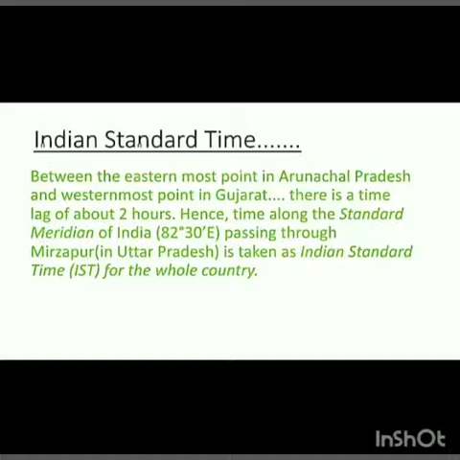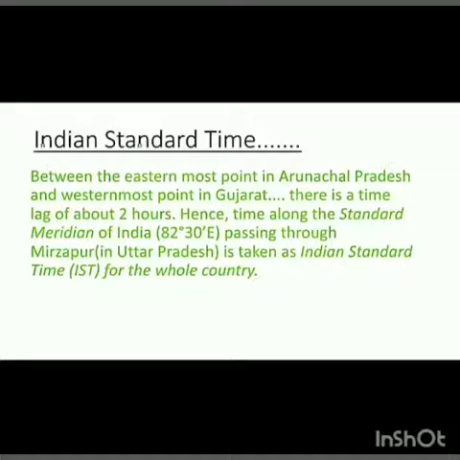Now previously we have discussed that India is located at a stretch of 30-degree longitudes. So between the easternmost point in Arunachal Pradesh and the westernmost point in Gujarat, there is a time lag of about 2 hours. 30 multiplied by 4, there is a longitudinal span of 30 degrees.